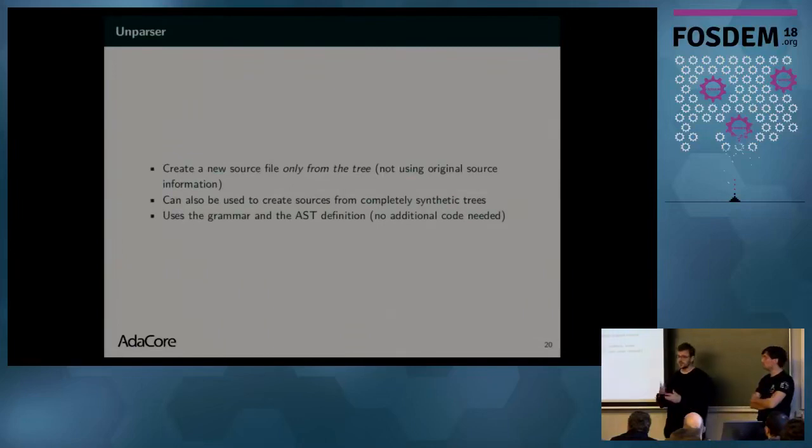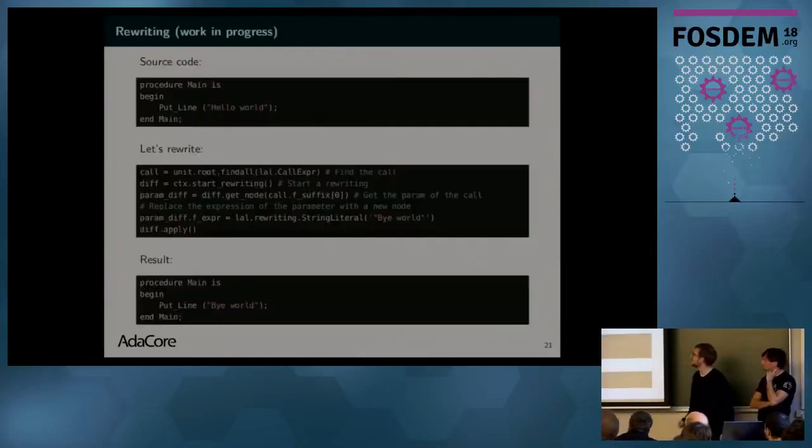So it means that you can modify the tree and then you can call an unparse primitive and it will generate a new source. So this is a very neat abstraction to build refactorings upon. So it uses the grammar and the AST definition. You don't need to write anything else. It will generate the unparser automatically. And so you can use it to do this kind of stuff.